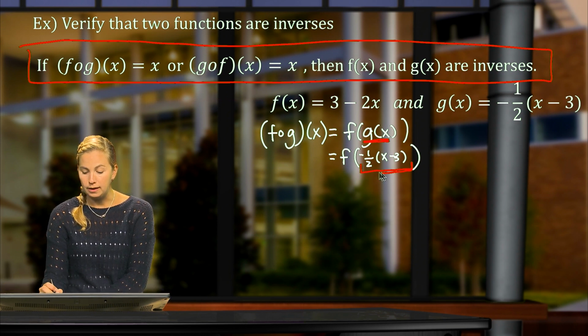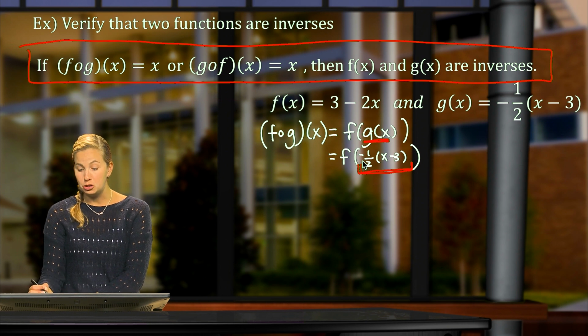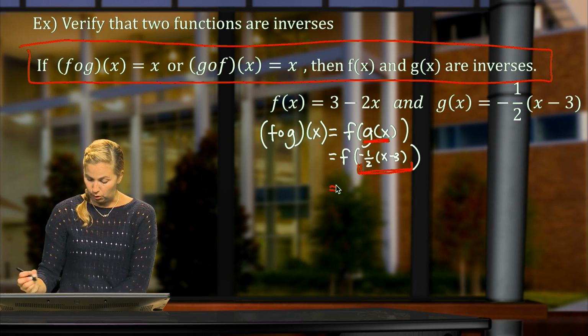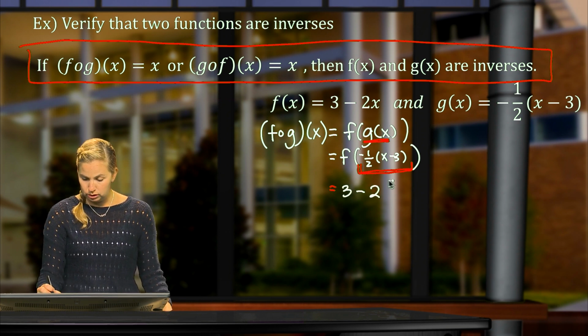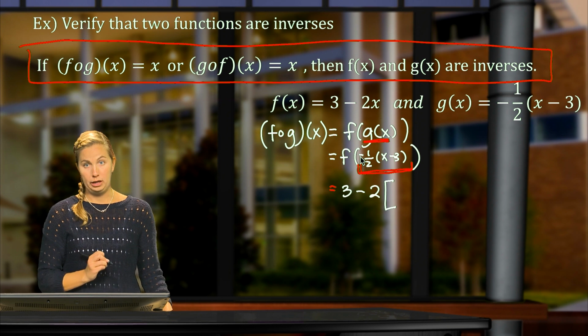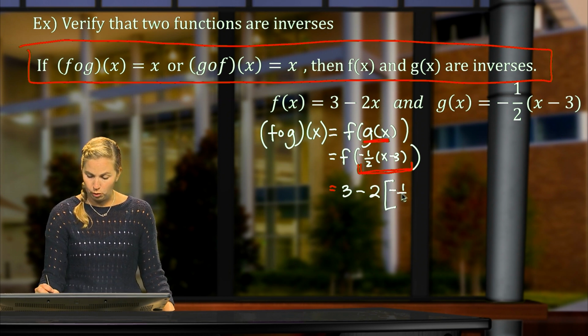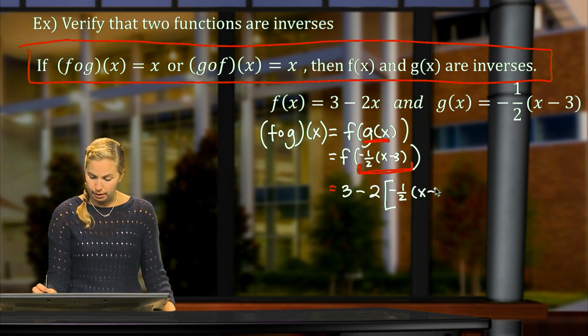This whole thing is what I'm going to substitute in for x in f of x. So f of x was 3 minus 2 times this whole expression, negative 1/2 times x minus 3.